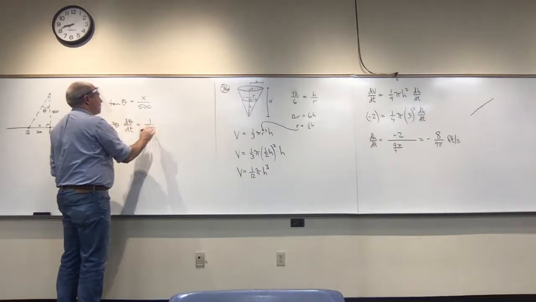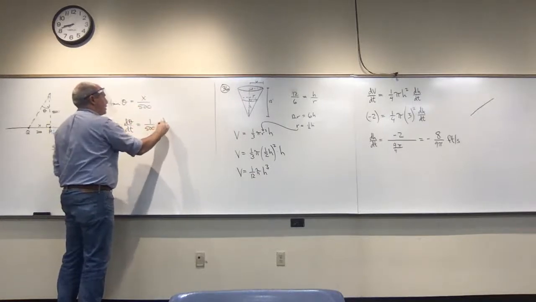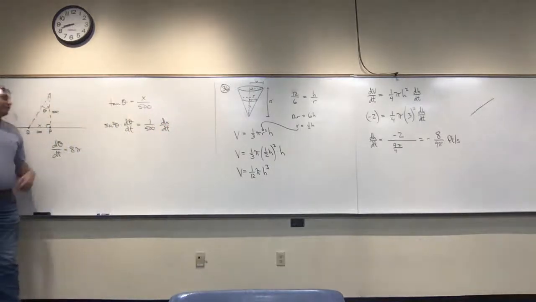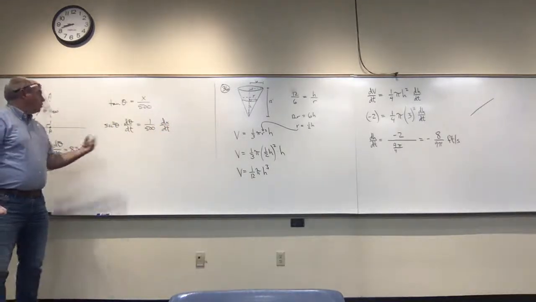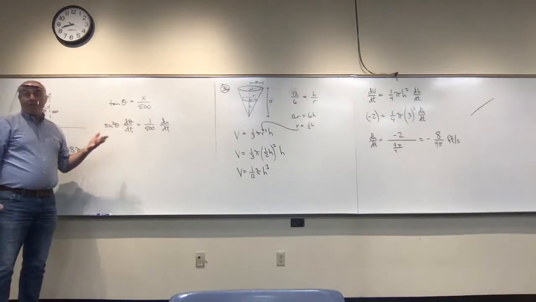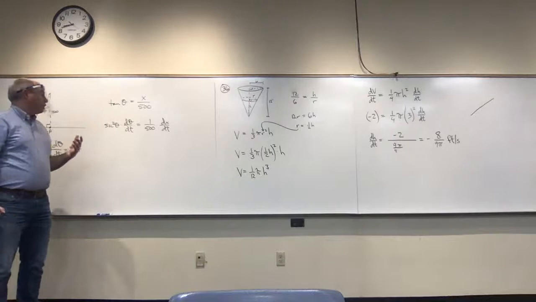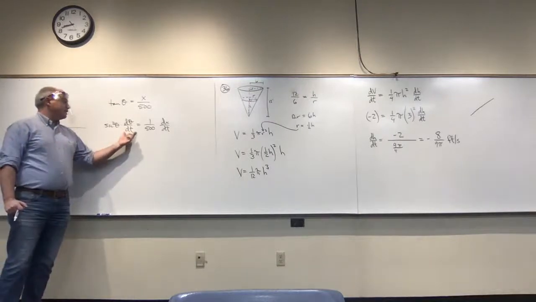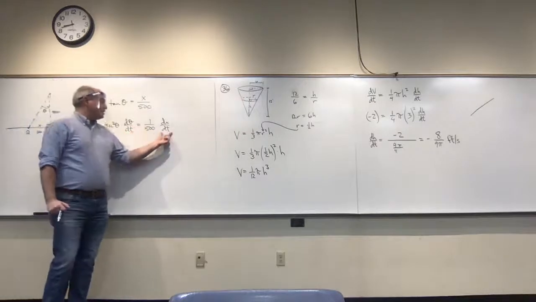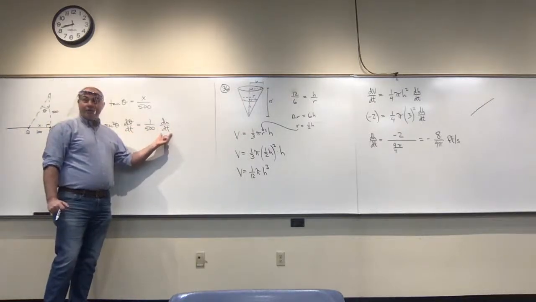It just hangs out. And the derivative of x is dx/dt. To figure this out, I need to know d theta/dt, which I do. I need to know dx/dt. Well, that's what I'm trying to figure out.